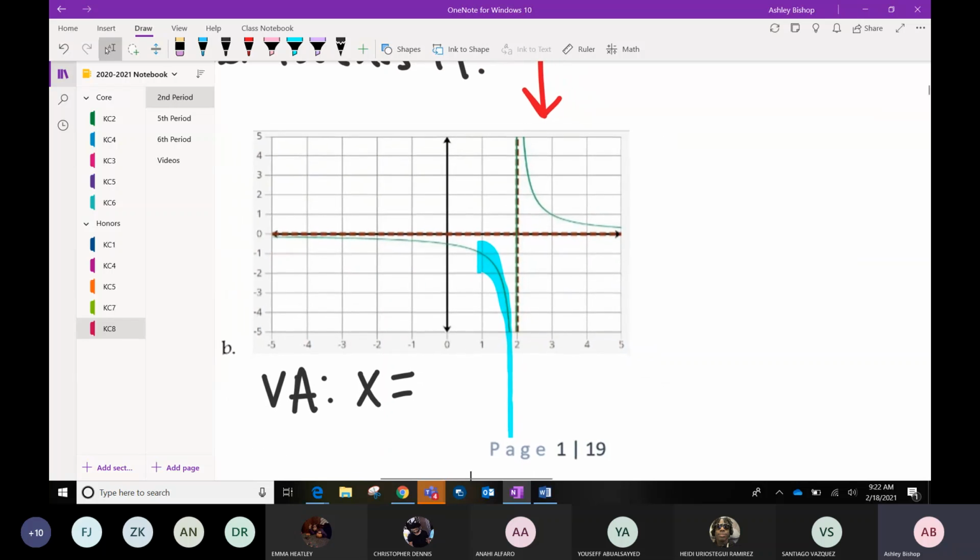In the chat, what number is this graph closely approaching but never actually touching? Whether you go up or whether you go up this way.